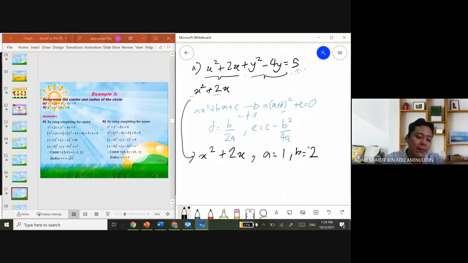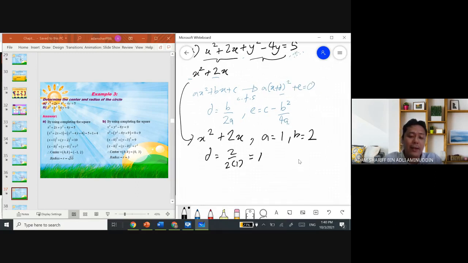So what will be the value of d? It is 2 over 2 times 1 equals to 1. And my value of e will be 0 minus 2 squared over 4 times 1, which is equivalent to negative 1.